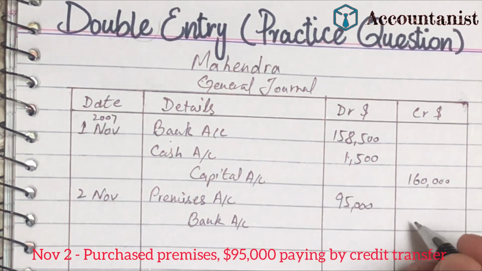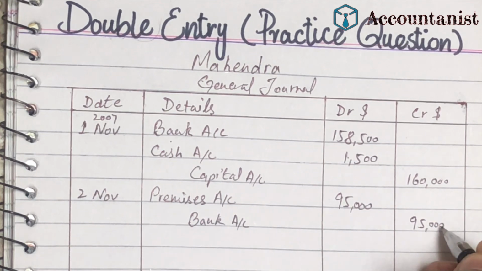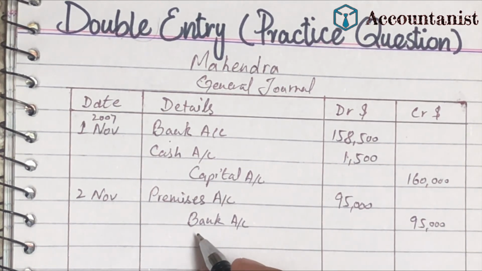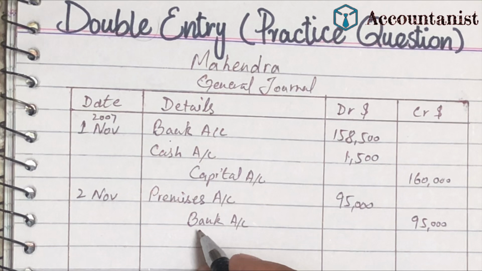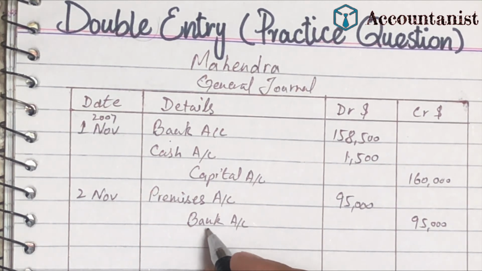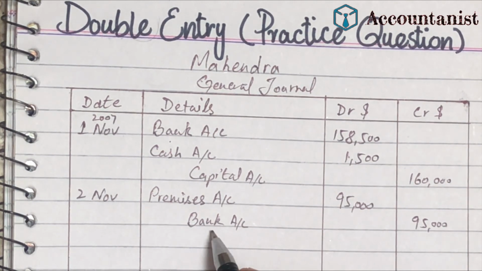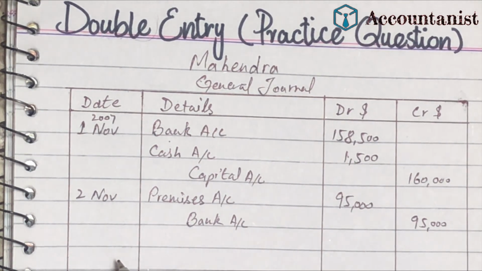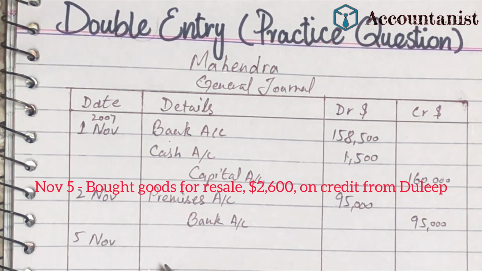So bank is going to be reduced, so we are going to record on a credit side with the same amount, 95,000. Here I would like to mention for the students, anything that is mentioned in the question except cash, any other thing mentioned like direct debit, standing order, check, credit transfer, online transfer, it will be recorded with the bank.